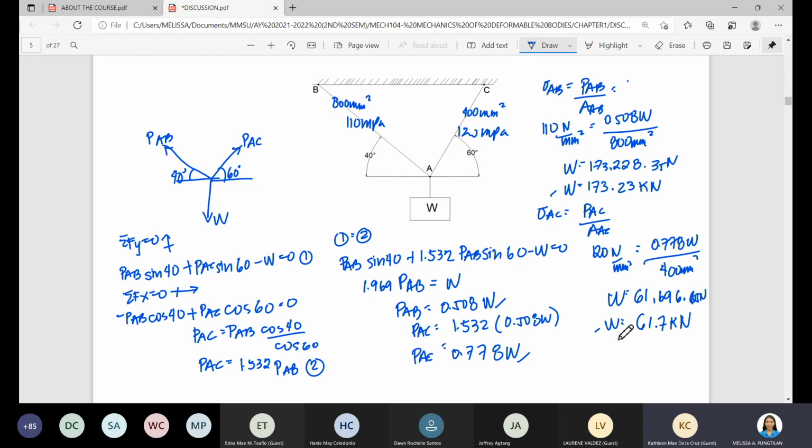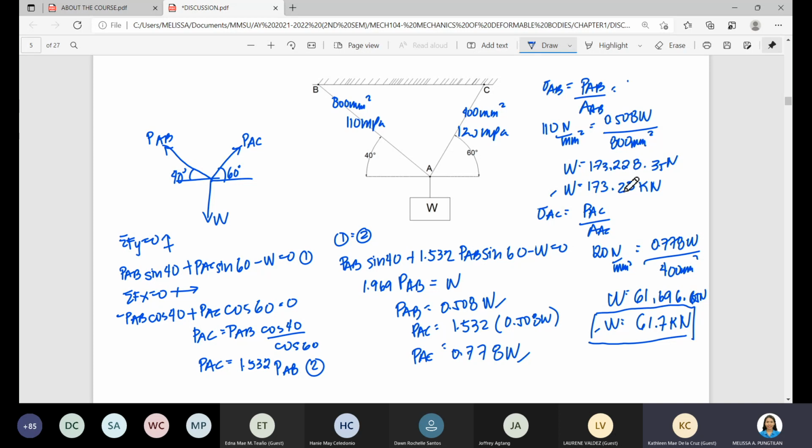So, ang magiging final answer natin dito is 61.7 kilonewton. Bakit? Kasi once na i-load natin yung 173.23 kilonewton, for sure mag-fail si member AC. Okay? Yung 173.23 kilonewton, kayang-kayang buhatin ni member AB. But what about member AC? Limit lang kasi ni member AC is 61.7 kilonewton.